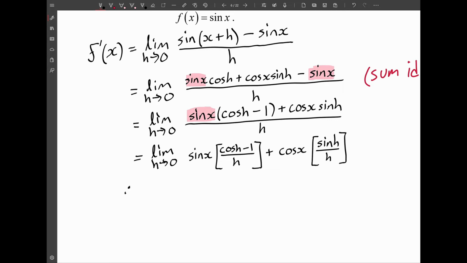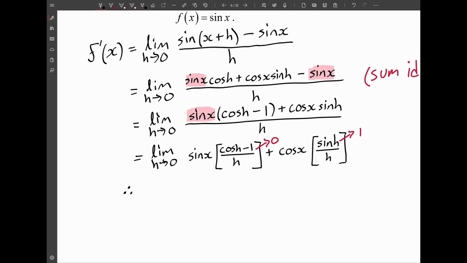This means, though, from our previous lessons, we know that cos of h minus 1 all over h goes to 0, and sine of h over h goes to 1. Again, that is in reference to our previous lessons on limits, where we determined the limits of trig functions. Go back and check those notes if you've forgotten that. Make sure you know those identities.